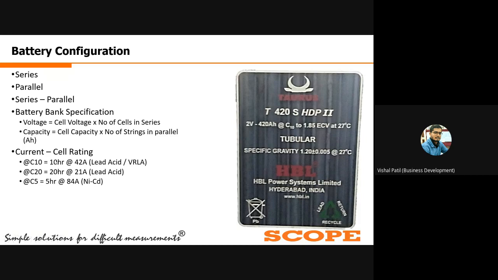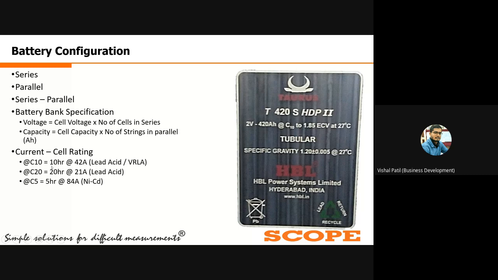Whenever the battery manufacturer manufactures a cell, these C ratings are considered at the time of designing and manufacturing the battery, and they are designed to deliver a particular rated current for a particular rated duration. So how do we calculate this current and the duration?